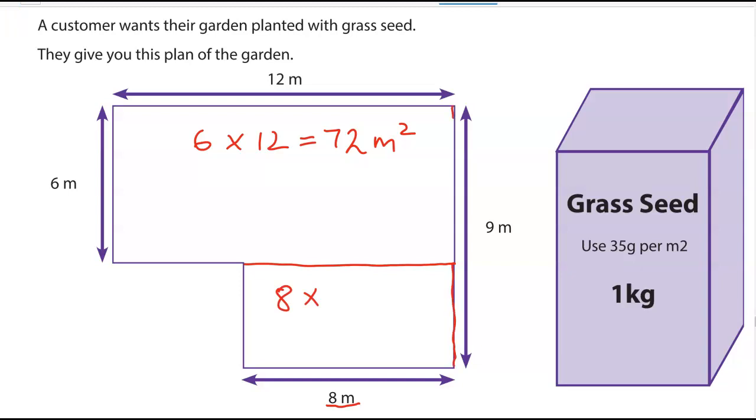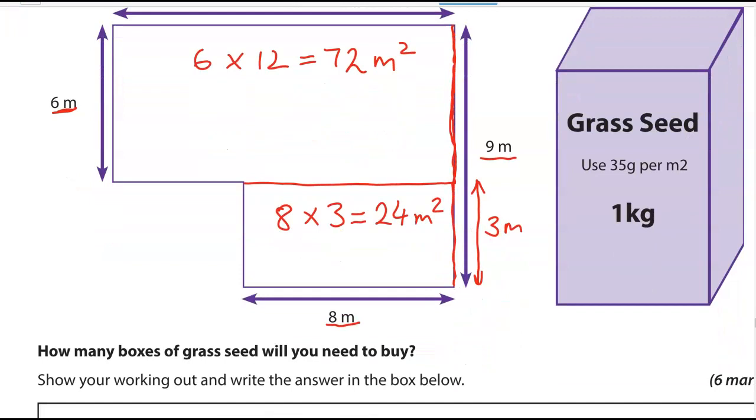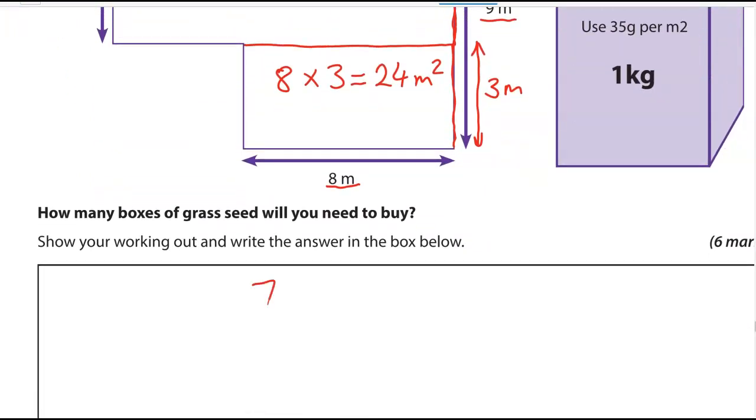We know this total length here is 9 meters, so 9, we need to take away this, which is 6, and it gives us 3 meters. So 8 times 3, that is 24 square meters. So now adding 72 and the 24 gives us 96 square meters, which is the total area.